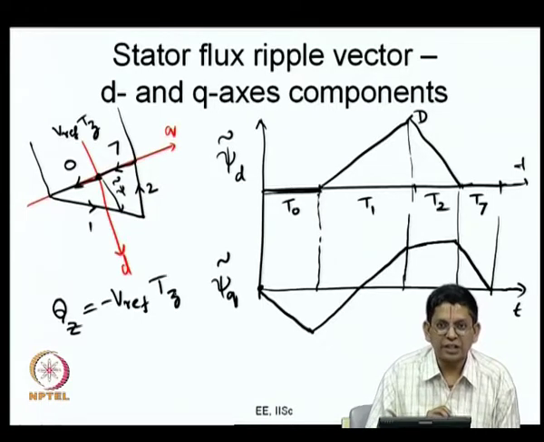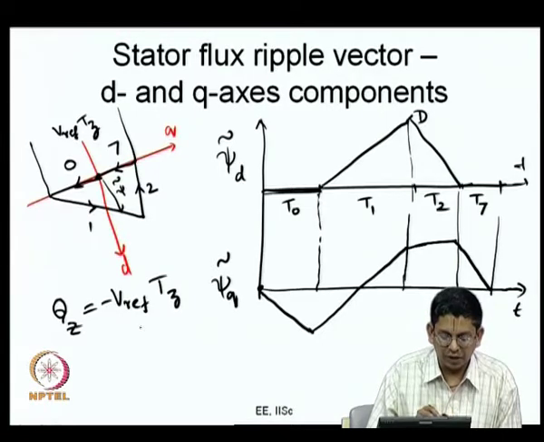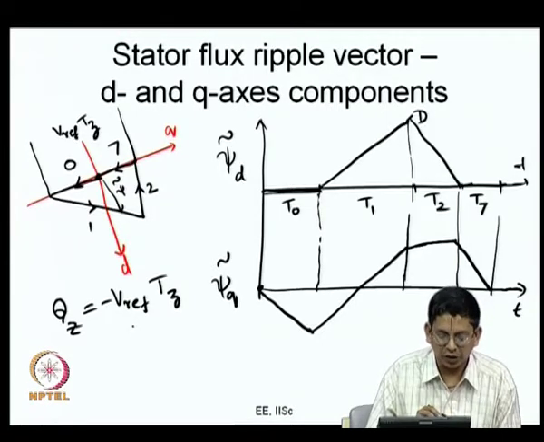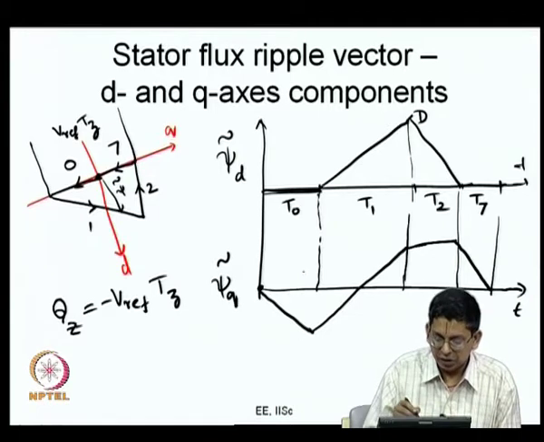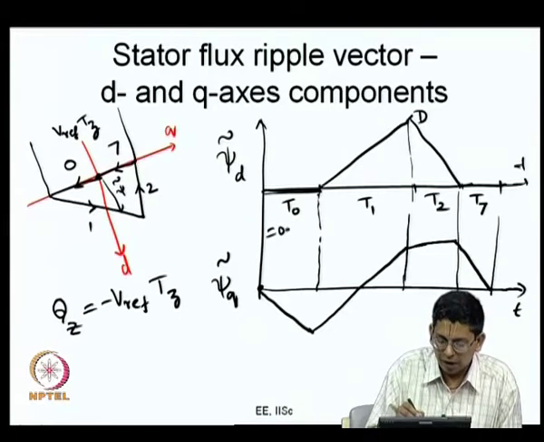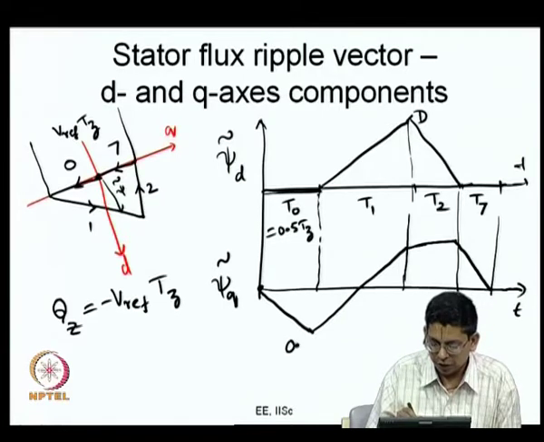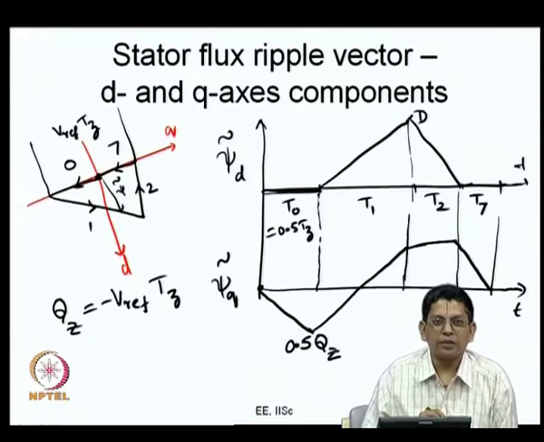What is the significance? We are talking of the interval when the 0 vector is getting applied and the error vector is minus V ref, and the 0 vector is applied for a total duration T z. So, this is the error volt-second difference now, and T 0 is equal to 0.5 T z, and therefore this is going to be 0.5 times Q z.